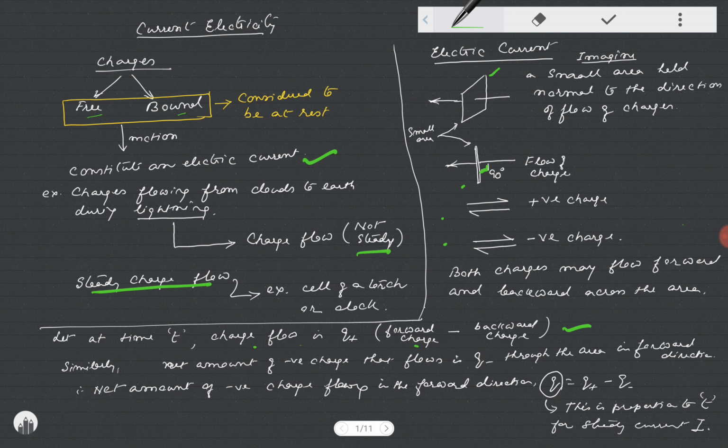Similarly, the net amount of negative charge that flows through the area in the forward direction is q minus. So the net charge flowing in the forward direction is q equal to q plus minus q minus. This q is proportional to time t for steady current.